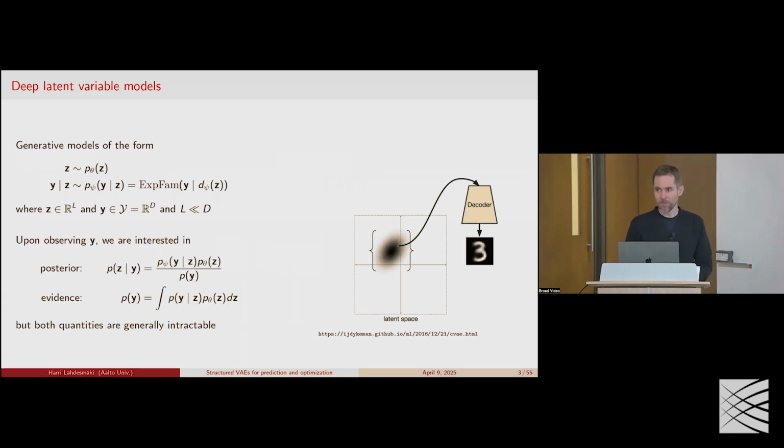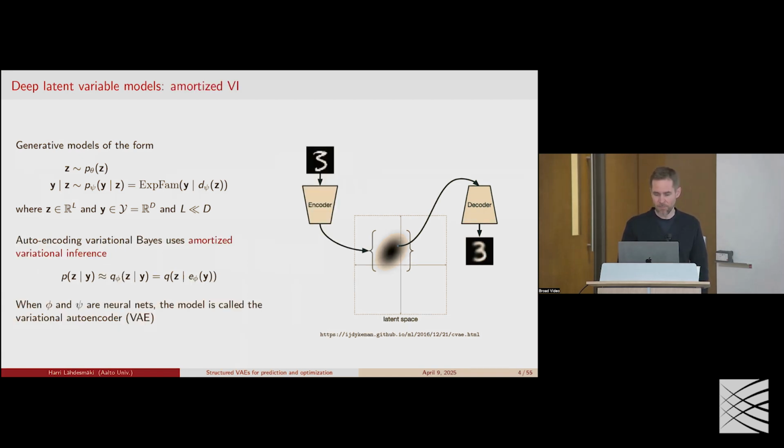Once we observe data, Y, we become interested in the posterior of the unknowns, which are the latent variables. Or if we don't know the model yet, we would like to use the evidence, or the marginal likelihood, for training the model. Unfortunately, both of these quantities are intractable. So in the machine learning field, a common approach is to use auto-encoding variational Bayes, which means using amortized variational inference.